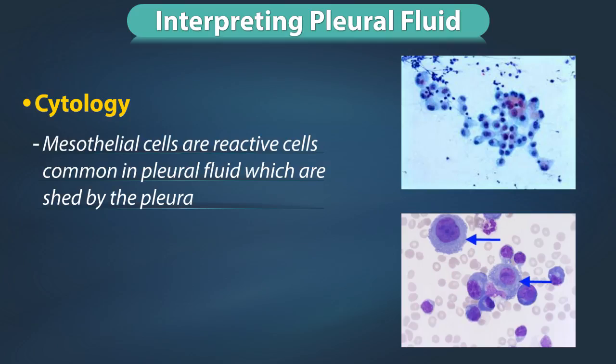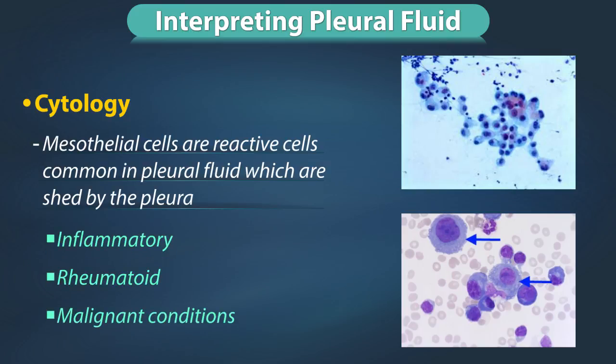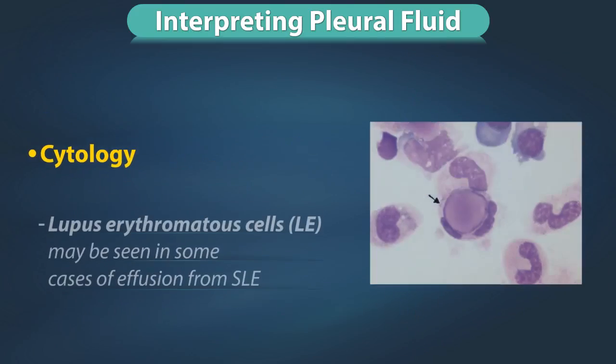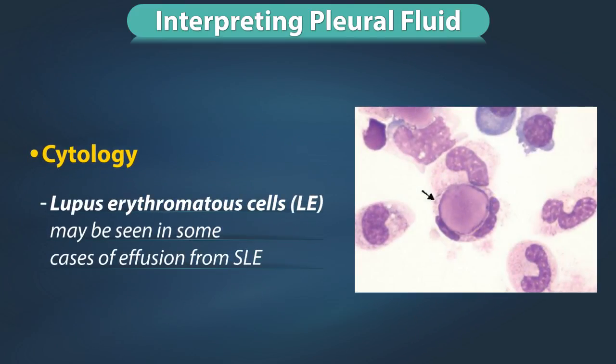Mesothelial cells are reactive cells commonly seen in pleural fluid which are shed by the pleura. They are seen in inflammatory, rheumatoid, and malignant conditions. Lupus erythematosus cells or LE cells can be seen in some cases of effusion from systemic lupus erythematosus.